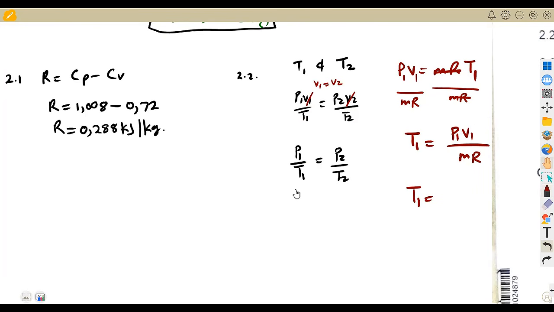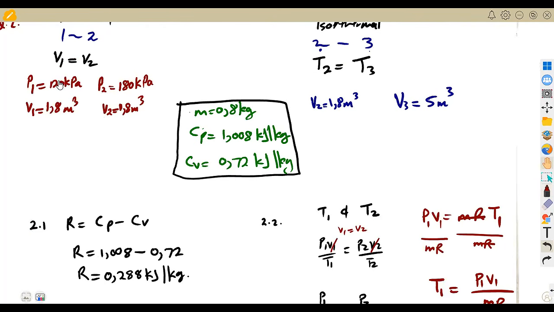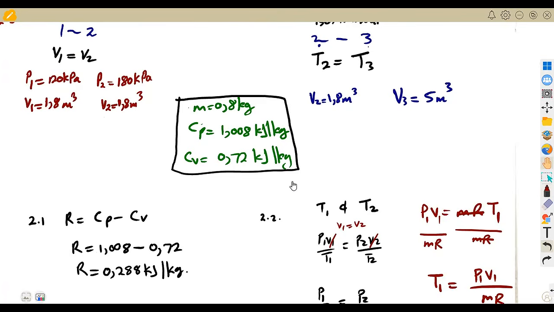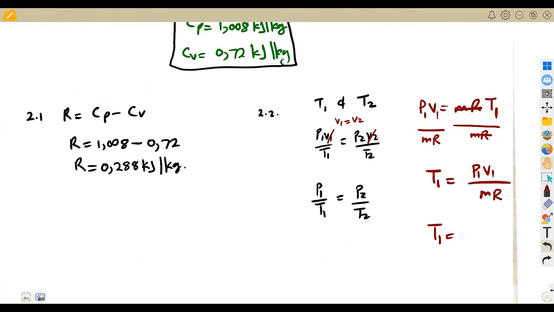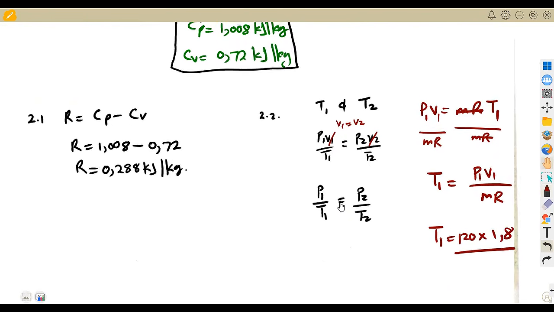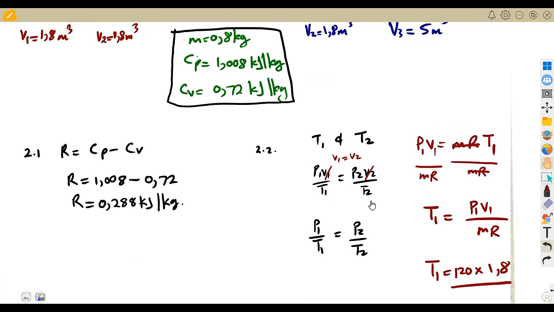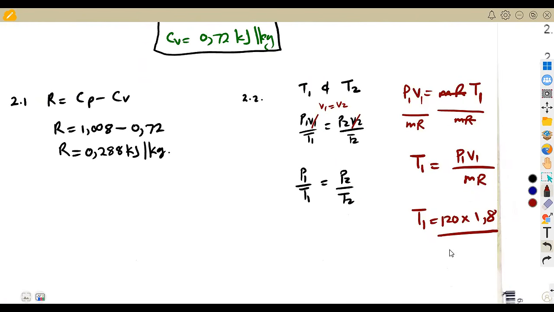In this case, we've got our values: P1, which is the pressure, 120, V1, which is 1,8. So we've got 120 times 1,8 over the mass of the gas, which we have here, 0,8, times the gas constant, whereby we calculated the value of R here, which is 0,288.